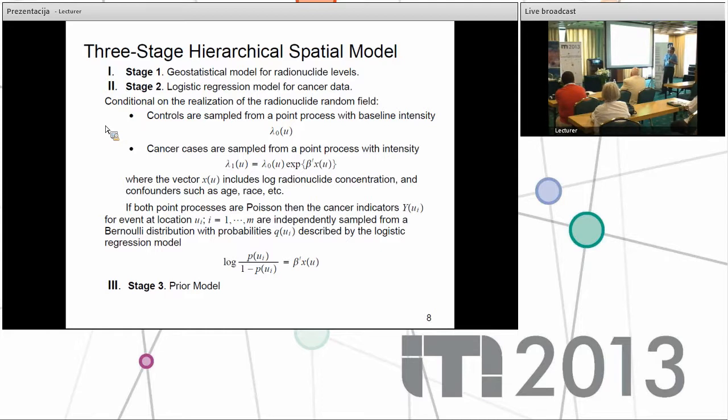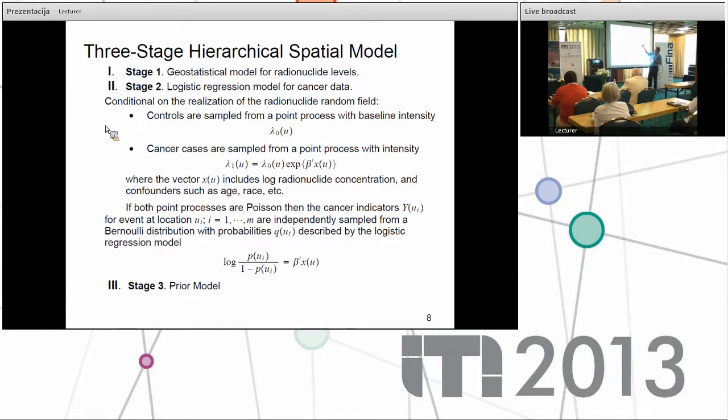We have a logistic regression model for the cancer data, and here's essentially how we're going to proceed. If you had a case control study set up, typically, and this is an approach that Peter Diggle likes to use in Britain, he uses an intensity function which describes the local population density as a function of location. Here I'm using u for location. This is a baseline measure of population density.